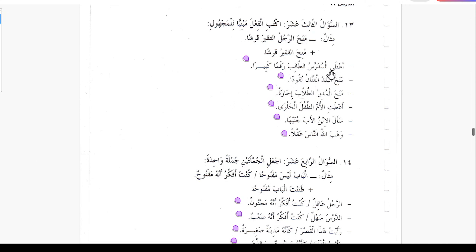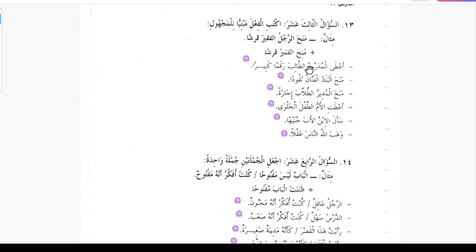Now the next one is atal mudarrisu taliba rakman kabiran, the teacher, so this is a fa'il, he gave the student. So this is going to take two maf'ul bihi. So this is the first maf'ul bihi. The teacher gave the student rakman kabiran, a lot of money, a lot of rakam. So this is the fi'l, this is the fa'il, this is the first maf'ul bihi, this is the second maf'ul bihi, and this is the sifa. So now we have to make a passive form of it.